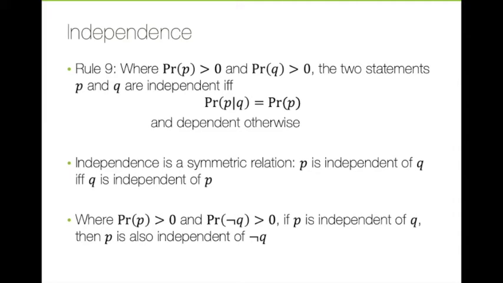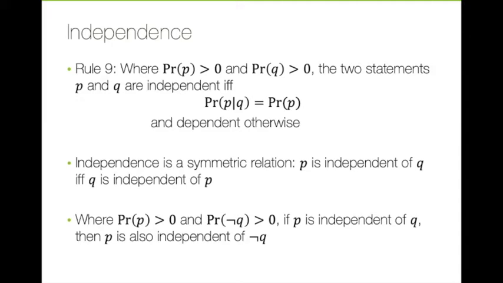And note that independence is what's called a symmetric relation. So it always holds in both directions. If P is independent of Q, then Q is independent of P. And that's why it's in general better to just say P and Q are independent of each other.